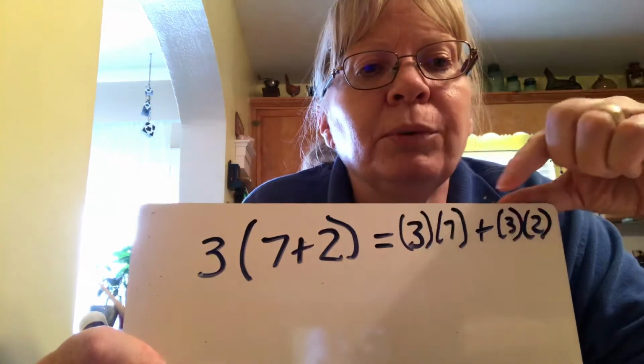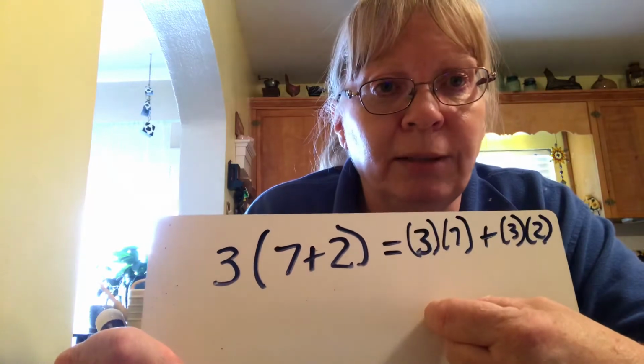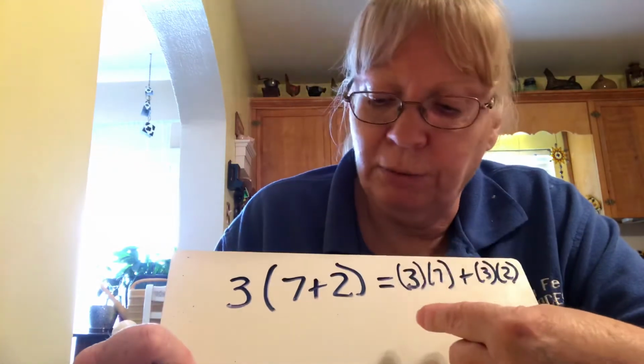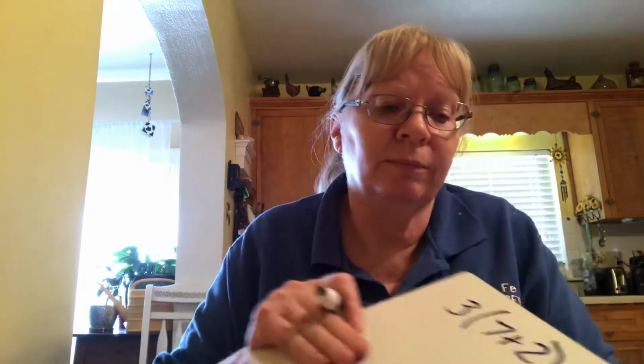When you put things in parentheses and you put them next to each other, that means you're going to multiply them. So 3 times 7 is 21. 3 times 2 is 6. 21 plus 6 is 27.